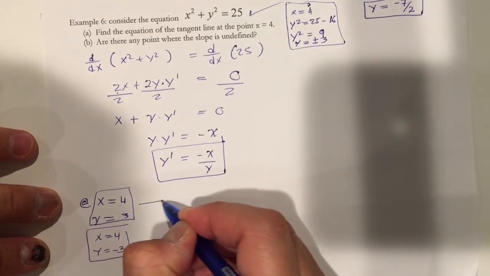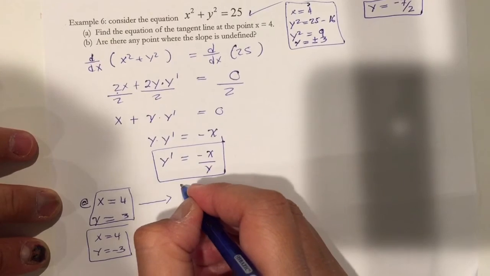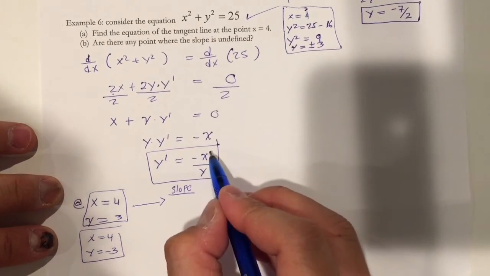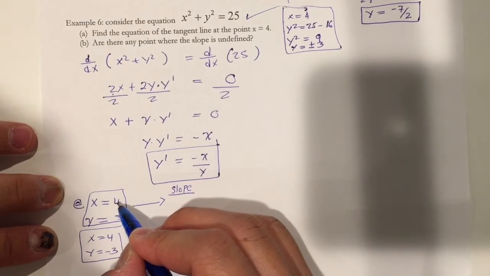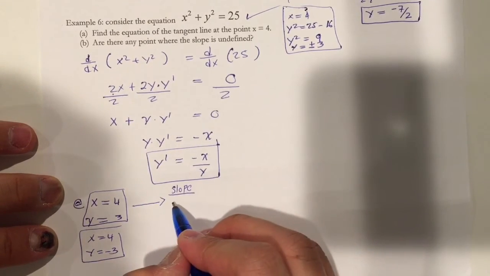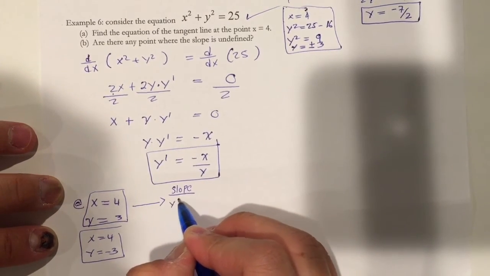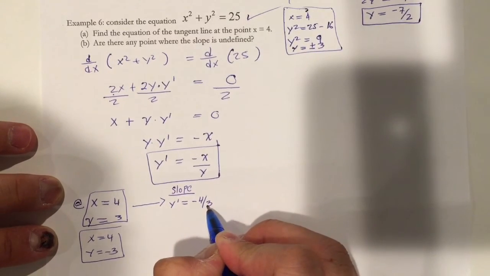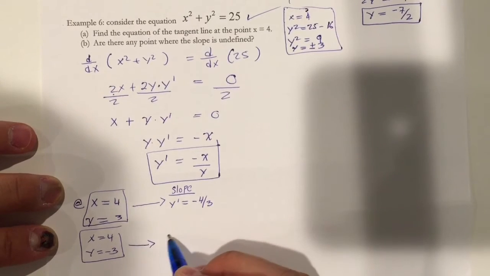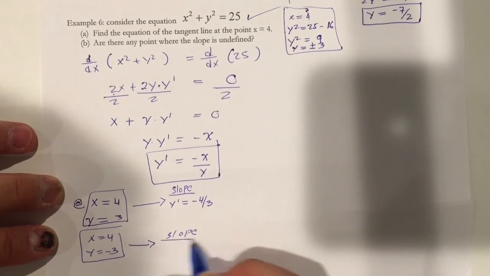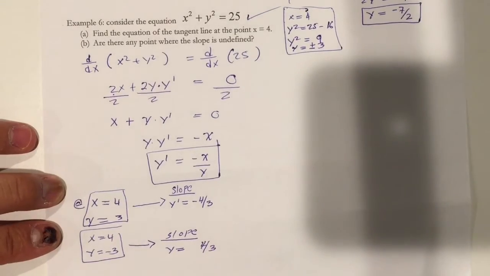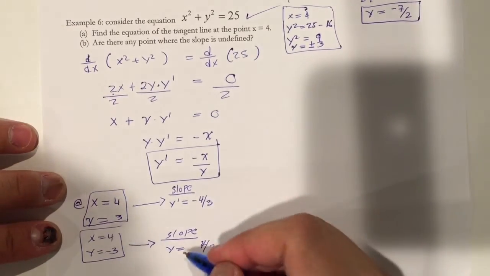Let's say for the first point, the slope, remember, can be found by plugging x and y into here. So the slope is going to be negative 4 over 3. All right. For this second point, the slope is going to be 4/3. And we have all the ingredients we need.